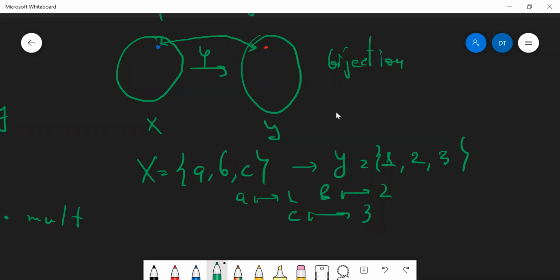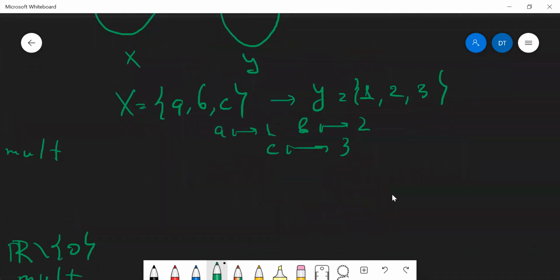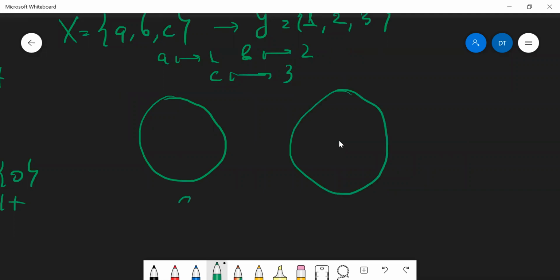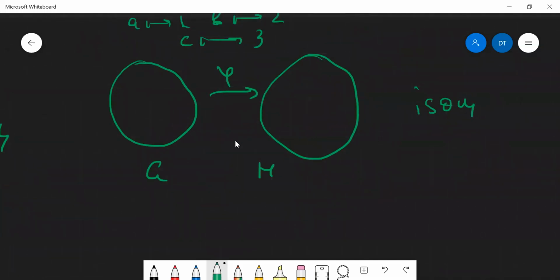And now, if in addition these two are groups, what does it mean? That you have an isomorphism. So if now G and H are groups and phi is an isomorphism, well, first of all, it's a bijection, so we may think that G and H are exactly the same sets, but the elements have different names. And what does it mean that it's also a homomorphism?